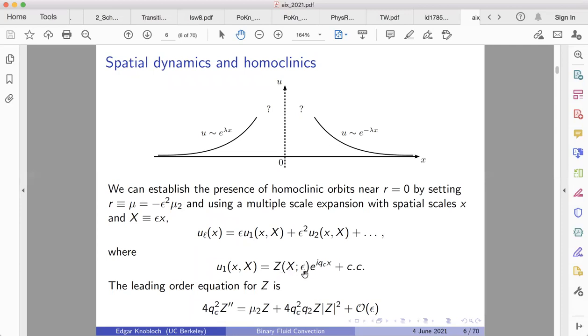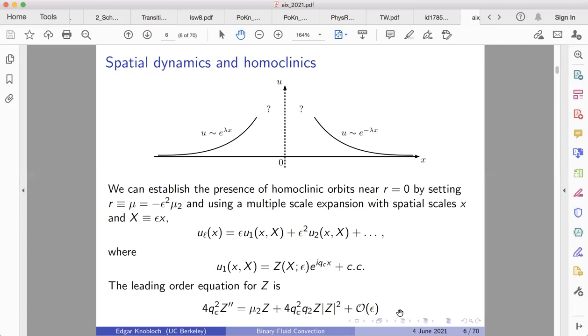That's because the real part of lambda is close to 0, so the profiles grow slowly in space when I'm just weakly subcritical. And then, of course, it's multiplied by the carrier wave number e to the iQcx. So this is a standard kind of ansatz. And if you carry out the calculations, you end up with this equation shown at the bottom.